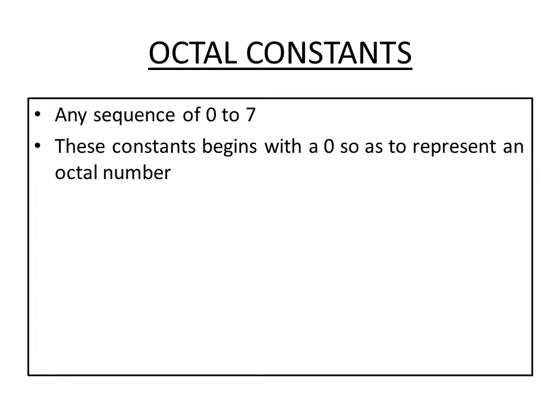Next is octal constants. Just like the name, octal numbers have the base 8. That means we can use a sequence of 0 to 7. If a constant is represented starting with 0, it is an octal constant.